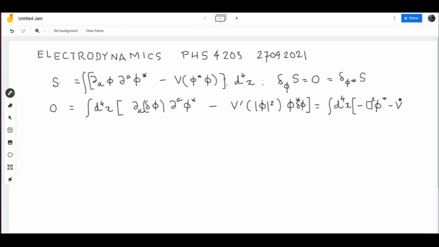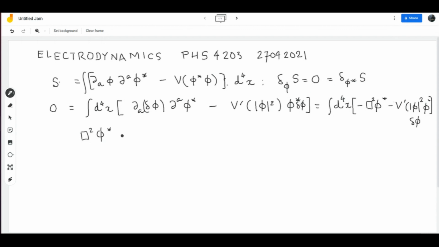I wrote a box squared phi, but you know, when I take the variation with respect to phi star, I'll get the box squared phi, right? Yes. So that's what I meant. Okay. So V prime mod phi squared phi star delta phi. So if this is 0, then the equation of motion, you're absolutely right. When you take the variation with respect to phi, you get the equation of motion for phi star and the other way around.